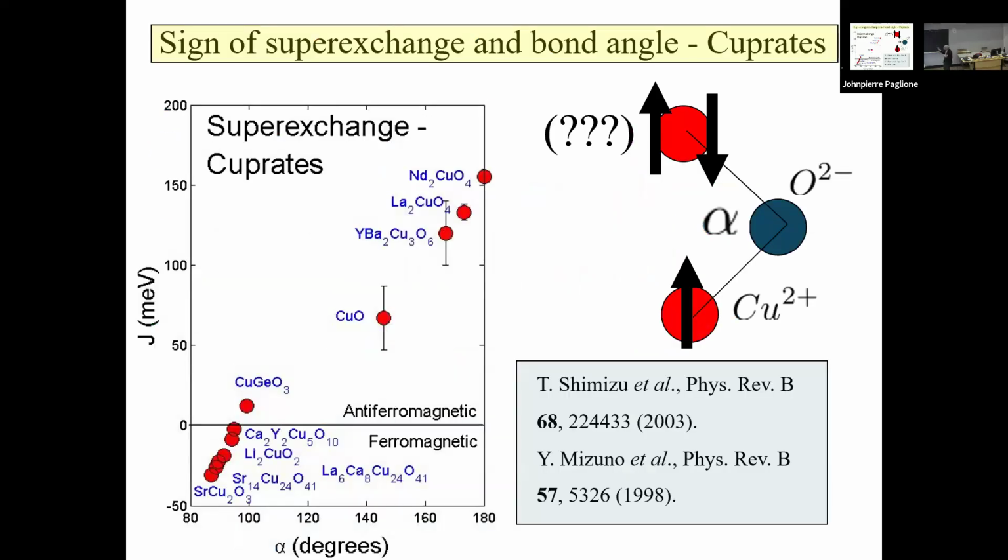And you can see that if you think back to what people were talking about in the cuprates, in terms of bond angles between interacting magnetic ions. In that case, what they found was that the exchange constant, as you went closer to 180, became massive. And so this is the worst case scenario in cobalt oxide.